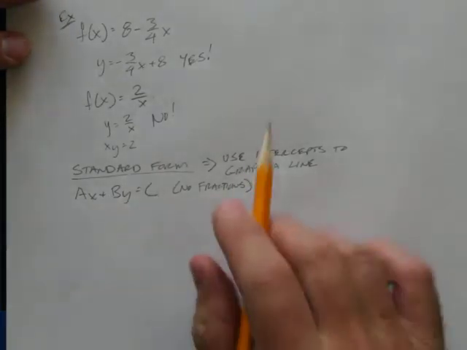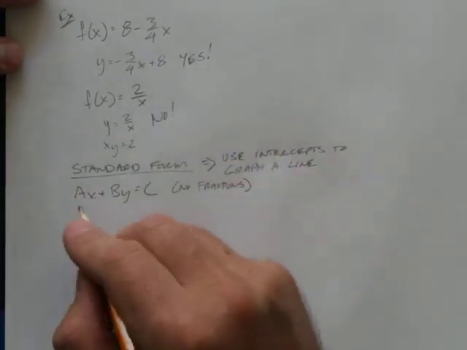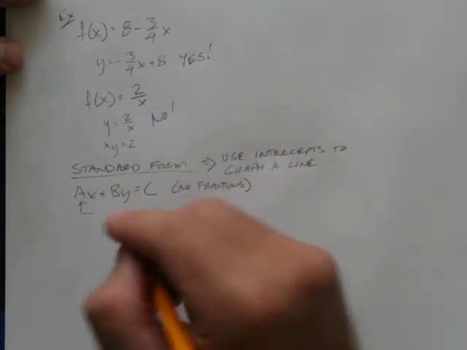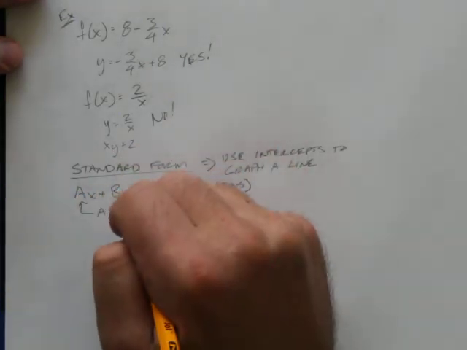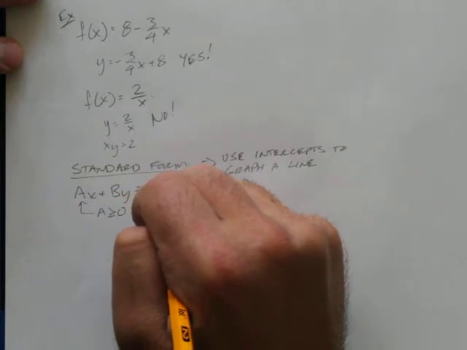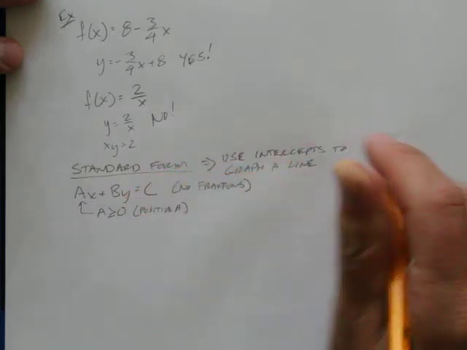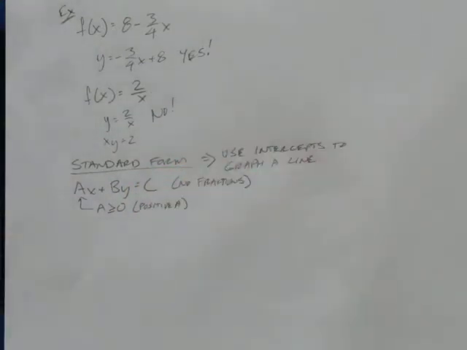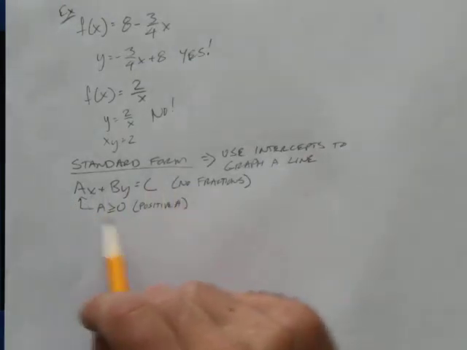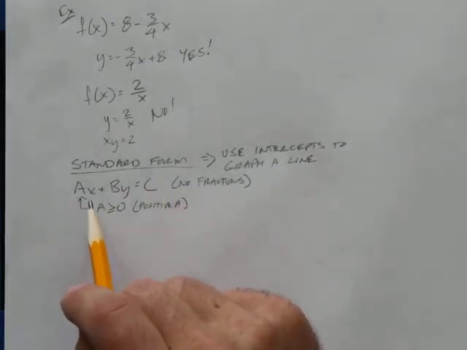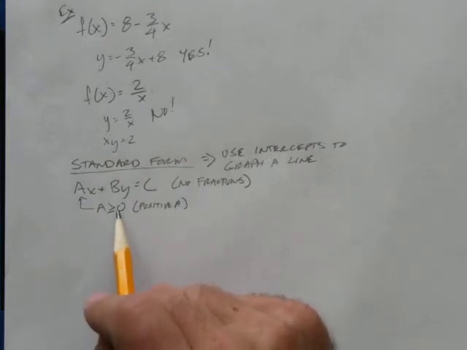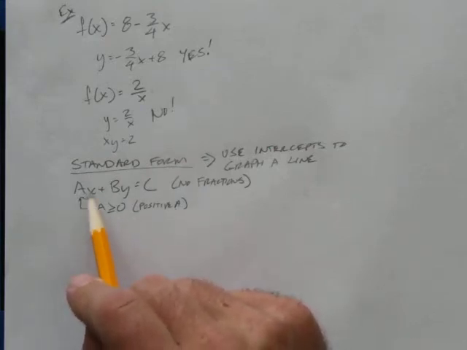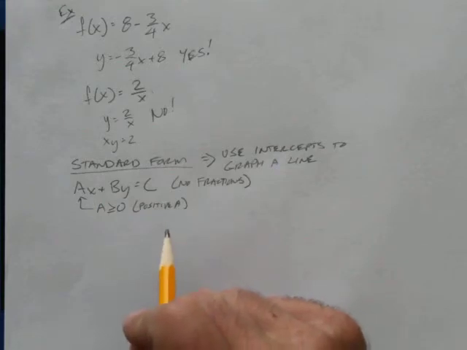None of these get to be fractions. Now if a is greater than or equal to 0, or is it positive? Then this is standard form. Then we're okay. A has to be positive, or at least it has to be 0. 0 or positive, and we're okay.